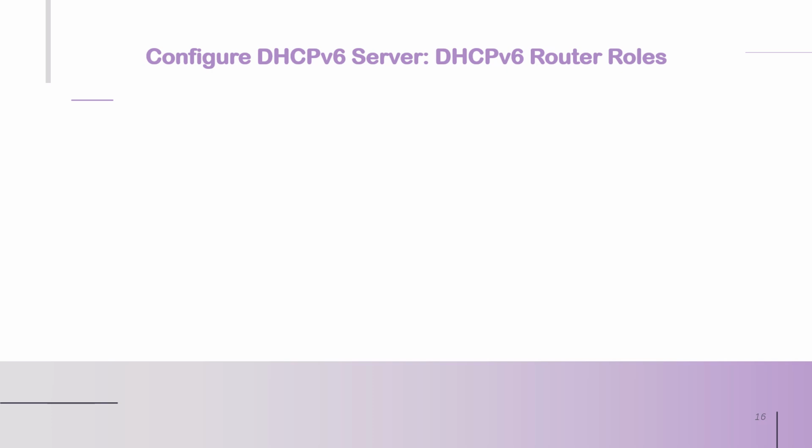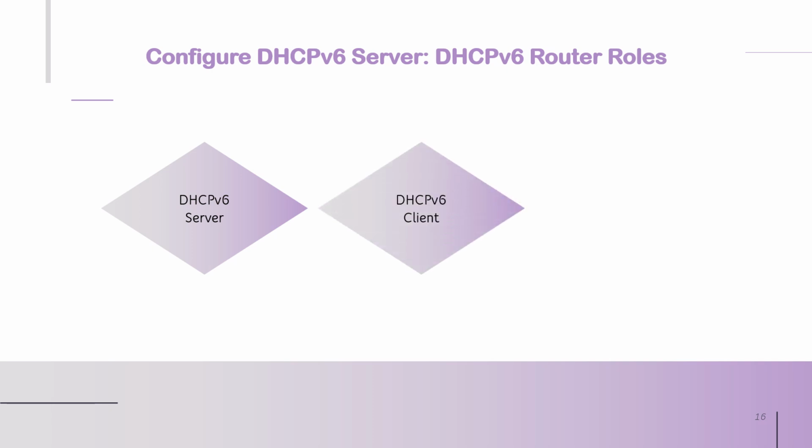A Cisco IOS router can be configured to be one of the following: a DHCP version 6 server, where the router provides stateless or stateful DHCP version 6 services; a DHCP version 6 client, which means the router interface acquires an IPv6 configuration from a DHCP version 6 server; and a DHCP version 6 relay agent, because the router provides the DHCP version 6 forwarding service when the client and the server are located on different networks.